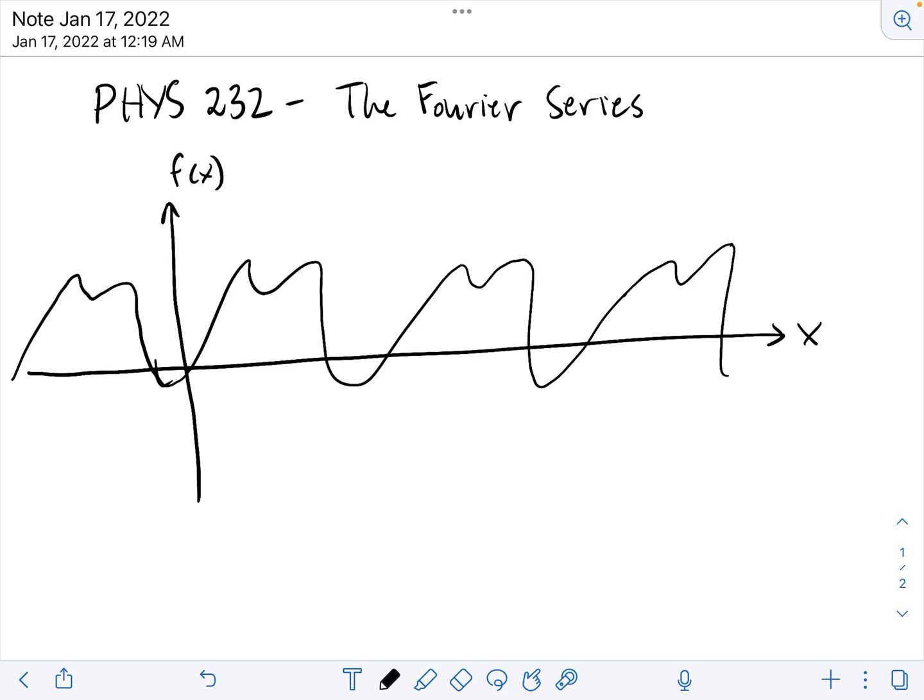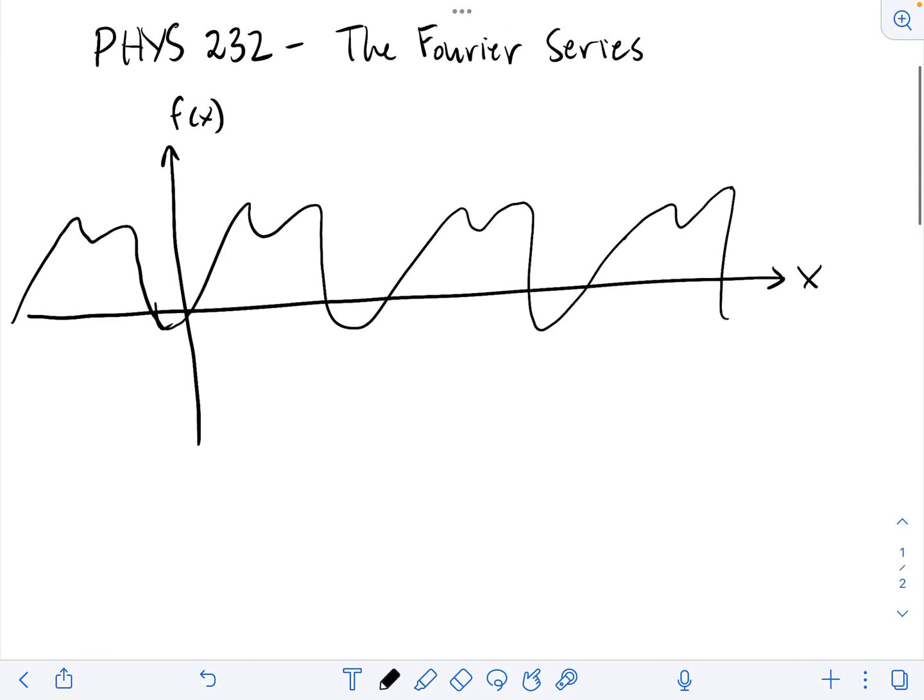If you were doing a physics lab, you might be looking at an electrical signal on an oscilloscope, and it could be periodic and have some strange shape. What a Fourier series attempts to do is to express that function as a constant plus a sum of sine and cosine terms.